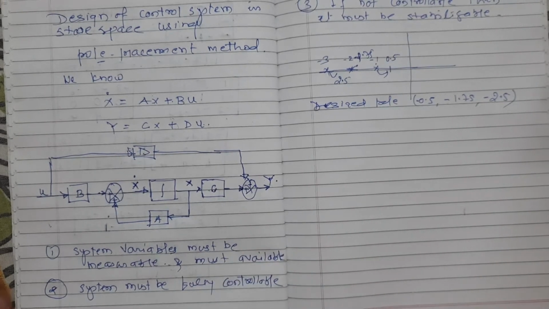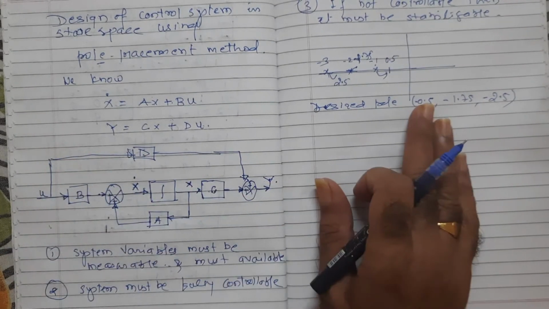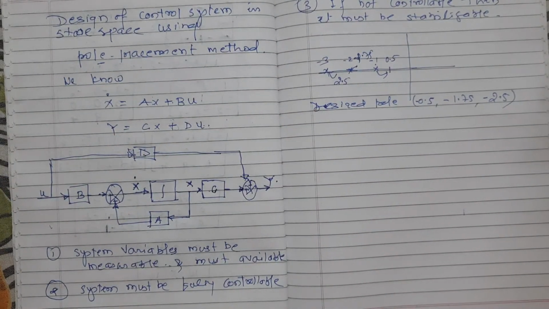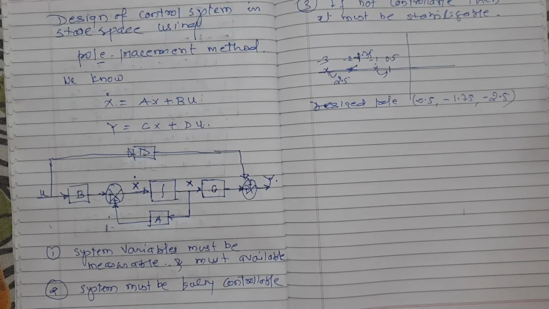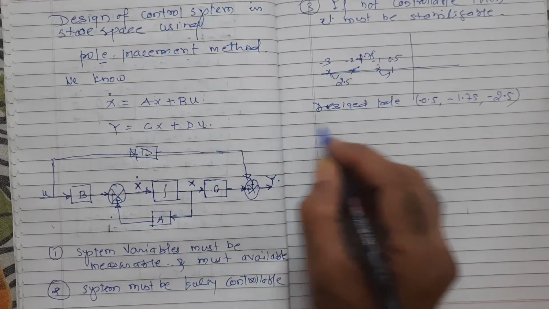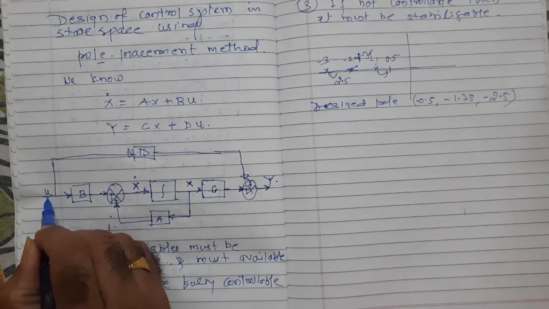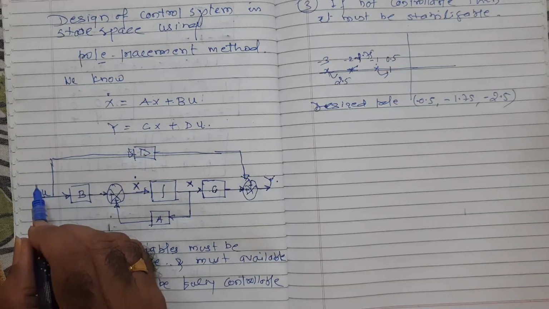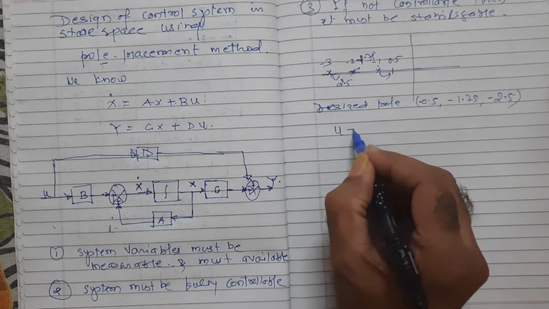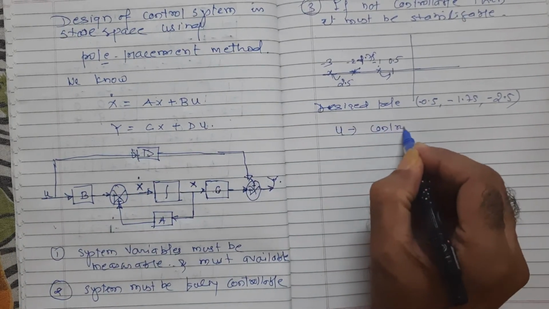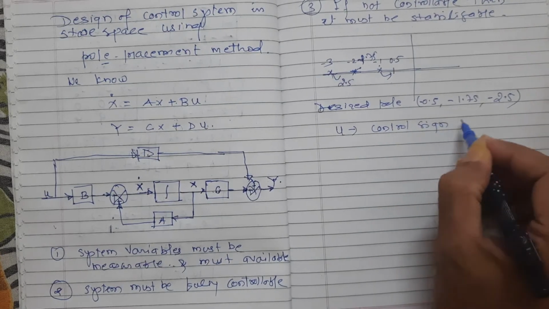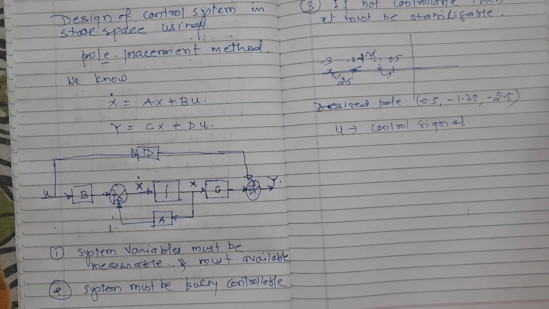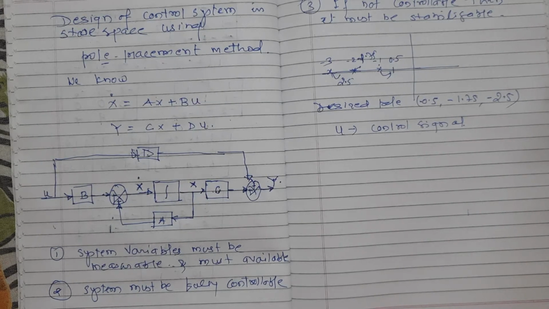Now see here, for this pole placement method, I will use the control signal. My control signal U is my reference input, but here I will use it as my control signal.